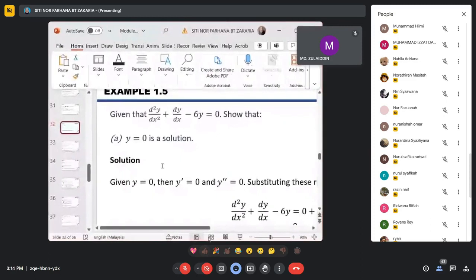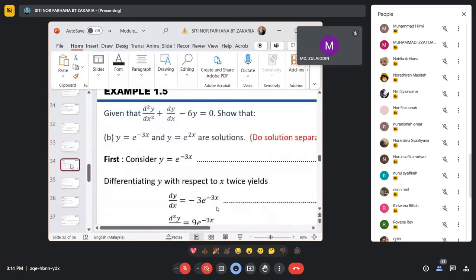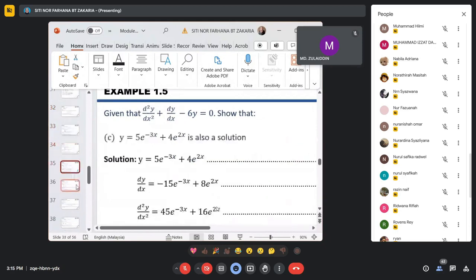They give you this d squared y over dx squared plus dy dx minus 6y equals to 0. So they want you to check either y. Okay, this is the similar example like just now, right? Not this one, but this one.